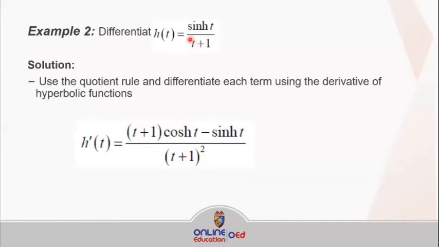So derivative ng t is equivalent sa 1, so 1 times the sinh t is equivalent lang naman sa sinh t. And for the derivative ng 1 is equivalent lang siya sa 0.